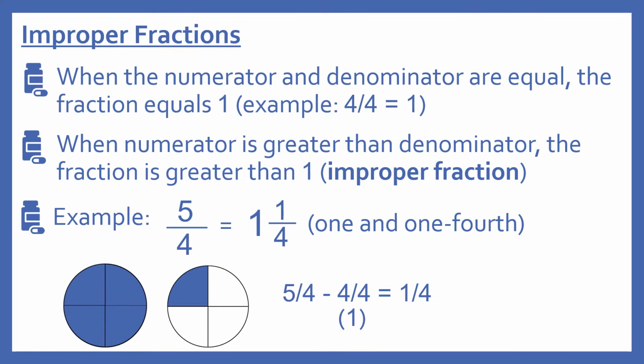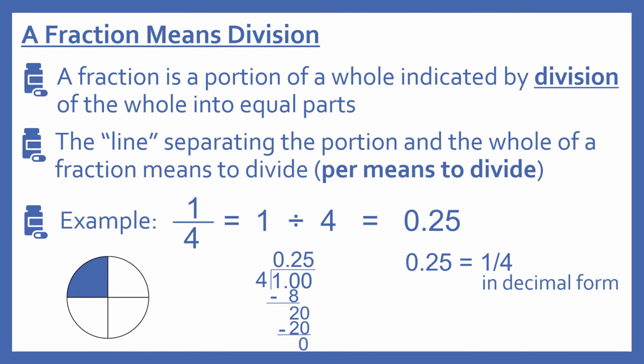And you can see if we have 5/4 here, we're going to have 1 whole pie, which is 4/4, plus 1/4 of another pie. So that's 5/4. It's an improper fraction. We can convert it to its whole number and the fraction that's remaining, which will be 1 1/4.